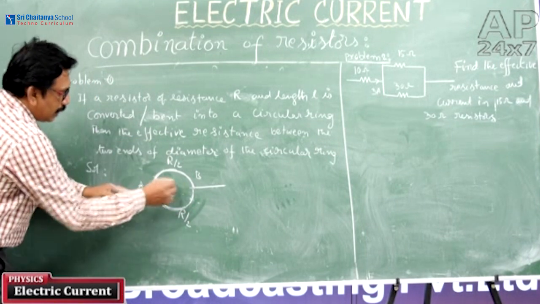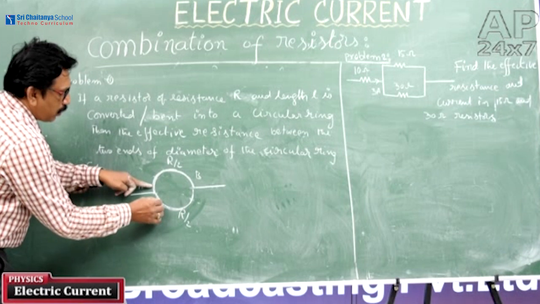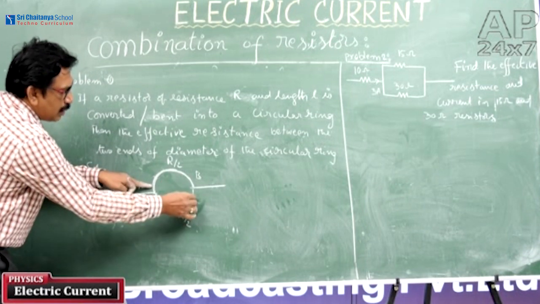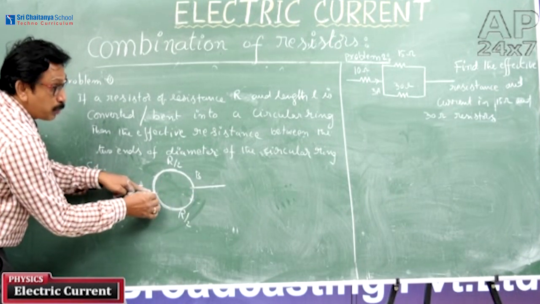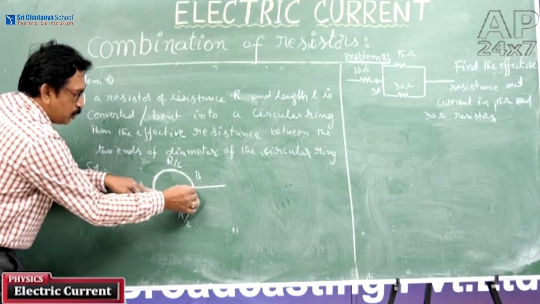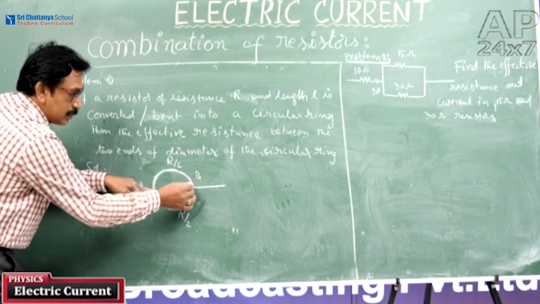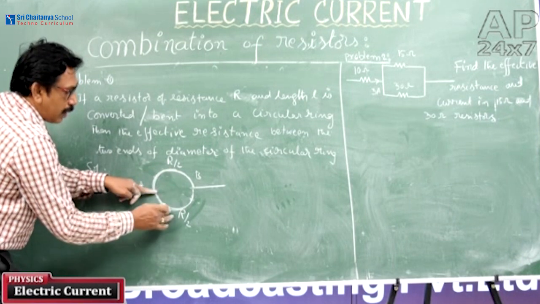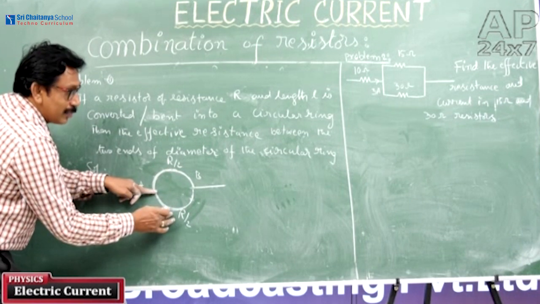Say this is the first terminal and this is the last terminal. These two terminals are connected at one point, and these two terminals are connected at another point. So, they are connected in parallel.